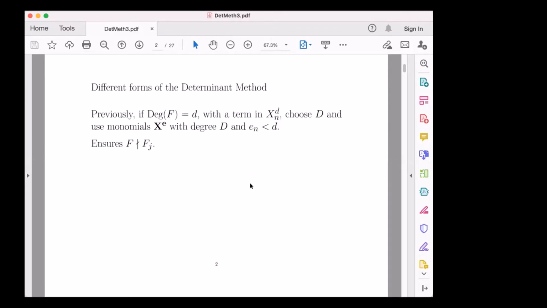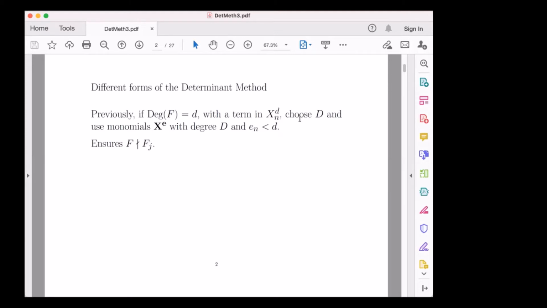One of the things that we saw last time was that we will produce auxiliary forms f_j that the points we're interested in must be zeros of. And for this to be useful, it's important that f and f_j should be co-prime. If f_j turned out to be equal to f, we would get no extra information, for example.